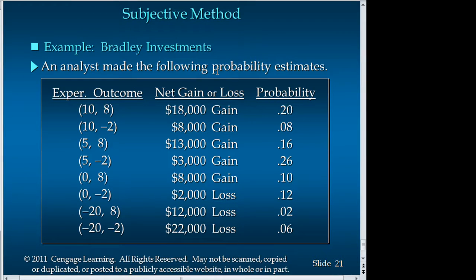So let's say sometimes you just have to make an estimation, and remember that Bradley investment case, there were 8 different cases, right? And the net gain or loss was this, and let's say your analyst made this type of probability estimation. So you're just making up these stories, right?